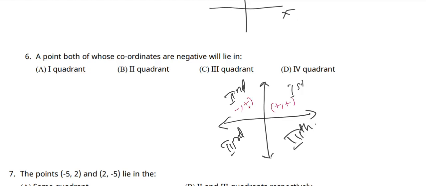In the second, negative and positive; third, negative and negative; and fourth, positive and negative. So we can write that when both the coordinates are negative, the point is in the third quadrant.